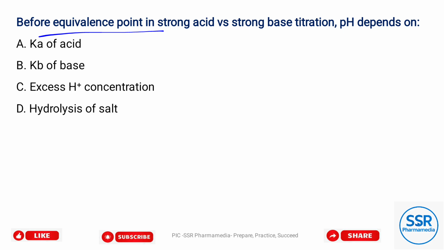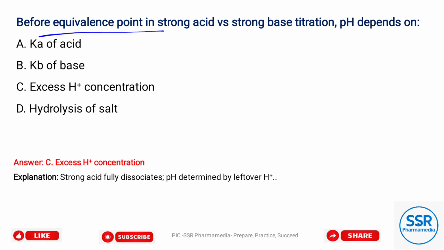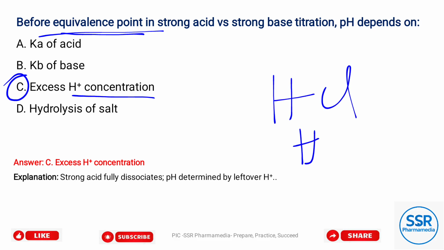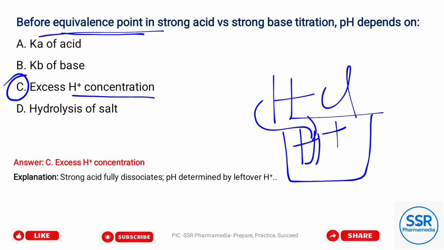Before the equivalence point in a strong acid versus strong base titration, pH depends on, so option C, the excess hydrogen ion concentration. Before starting the titration, the pH of the HCl solution is due to the H plus ion produced by the HCl.